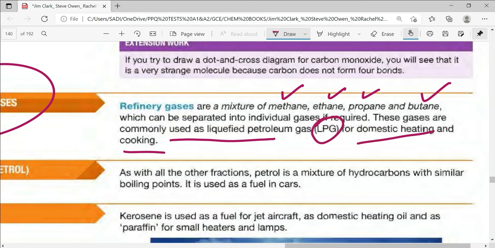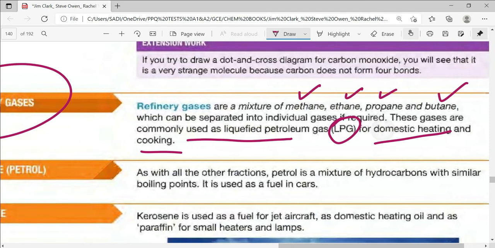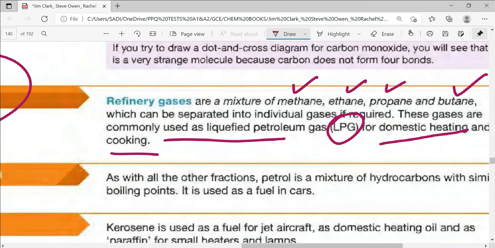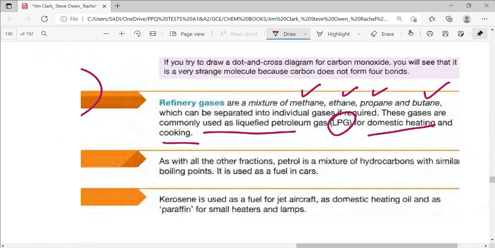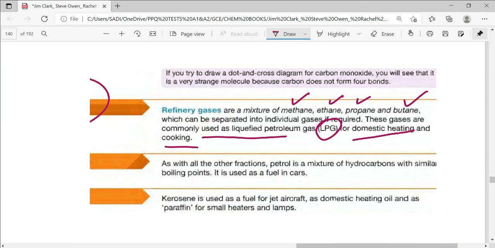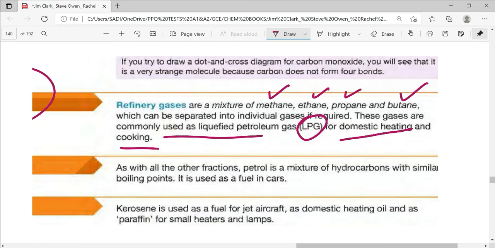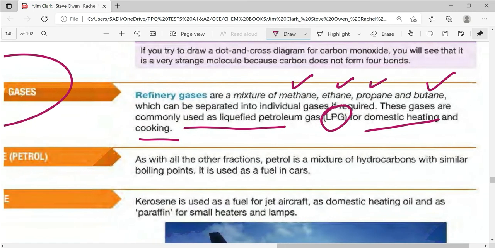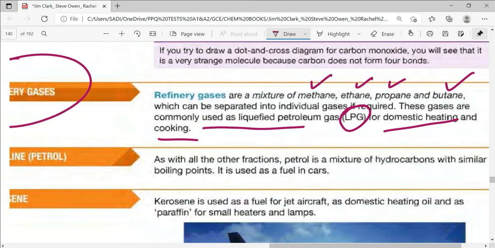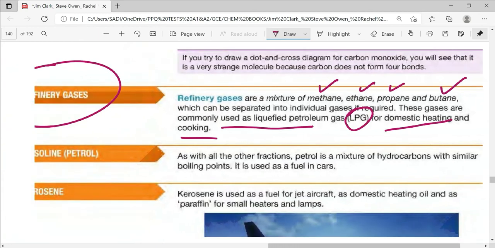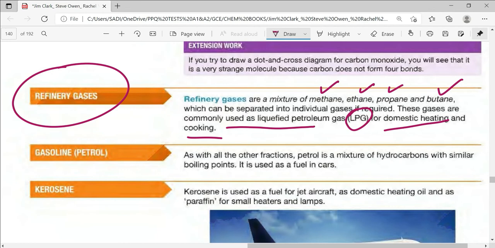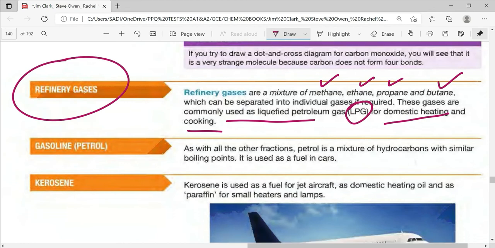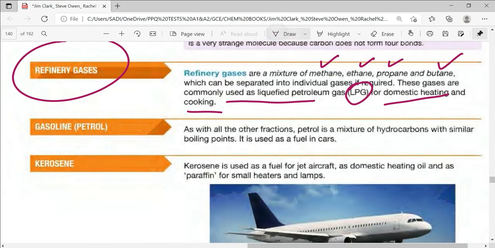Keep this in your mind. Whatever is being cooked in your kitchen is because of these gases, and it is supplied nowadays into every building also. Clear? Yes, sir. Now moving on to the second part, the gasoline.